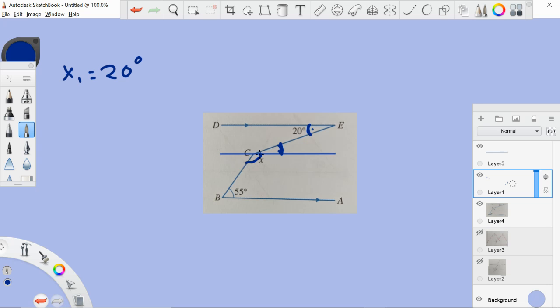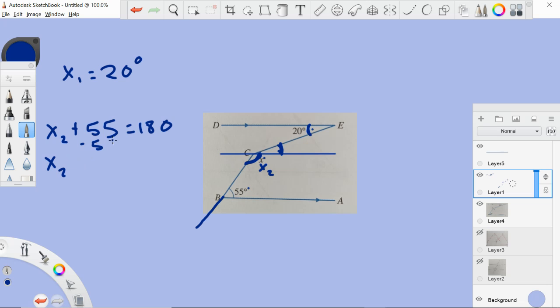The bottom half here, now these two angles are supplementary. And I think you could see that if I continued this line down here, this angle would be equal to this angle. And these two are obviously supplementary angles. They make a straight line. So that means that the bottom part of x, let's call that x sub 2, plus 55 is equal to 180, and we need to solve for what x sub 2 is.